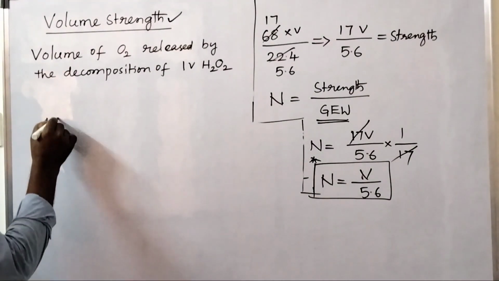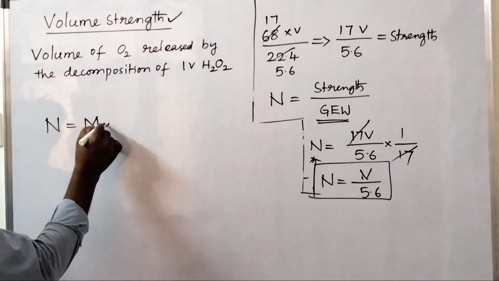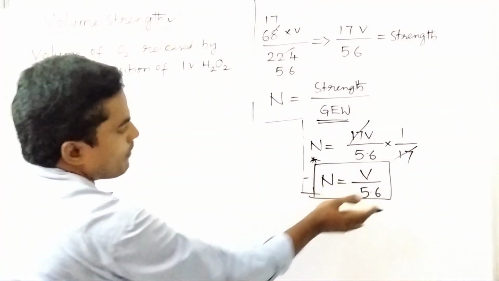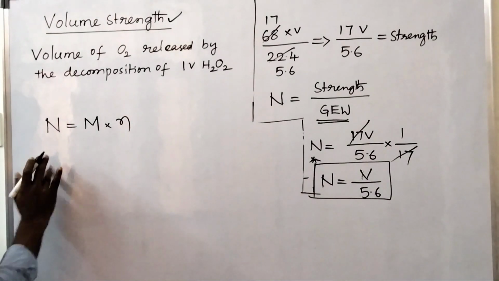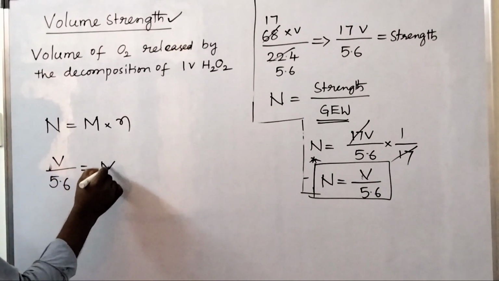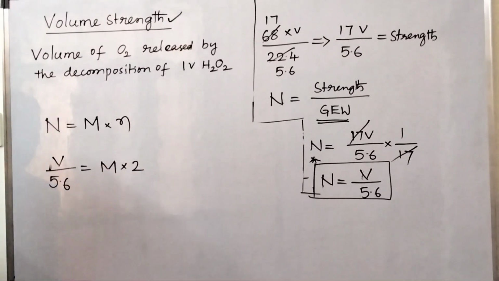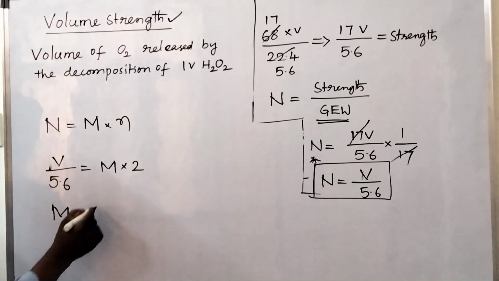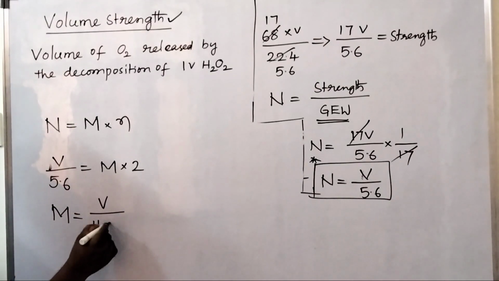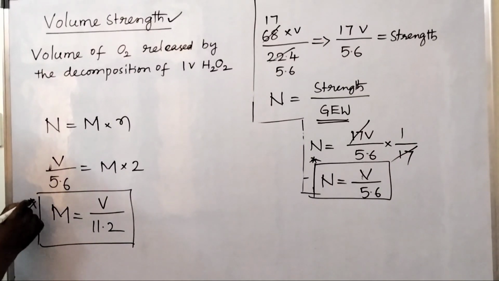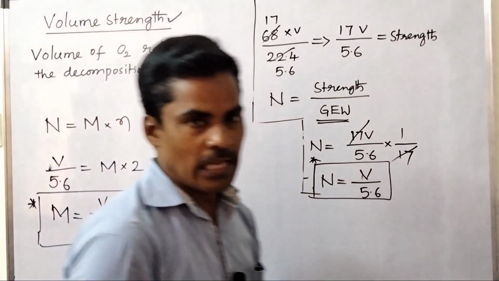So volume strength upon 5.6 equals to molarity into n factor of hydrogen peroxide, which is 2. Now molarity equals to volume strength upon 11.2. So this is the relationship between molarity and volume strength.